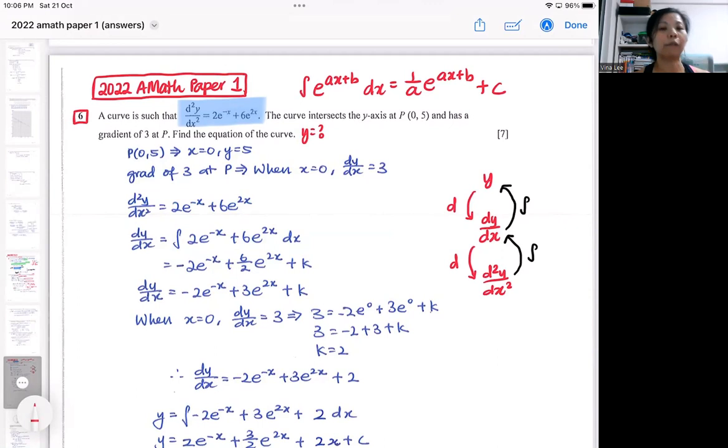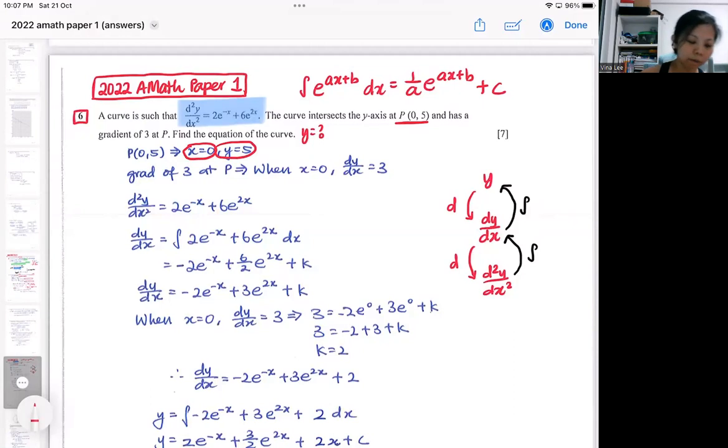So it'll be good if you write out the formula. I have this expectation that I will have two unknowns to solve, so I'll be looking around for two pieces of information. The first information is the curve intersects the y-axis here, so when x is equal to 0, y is equal to 5.